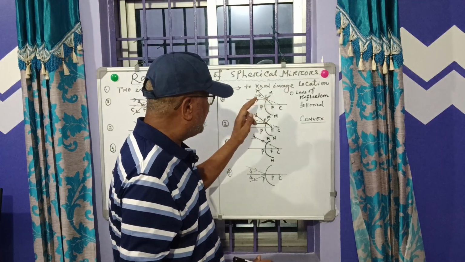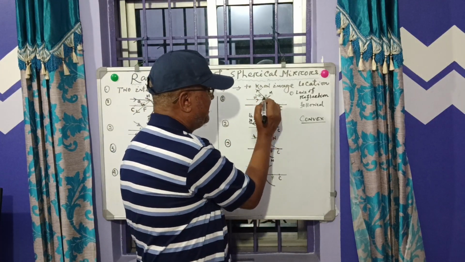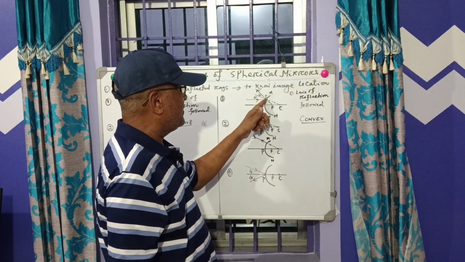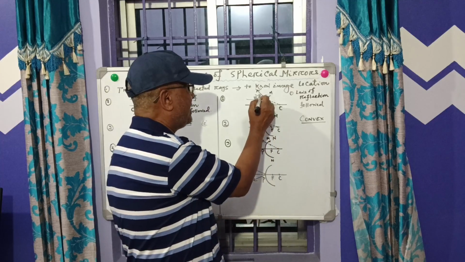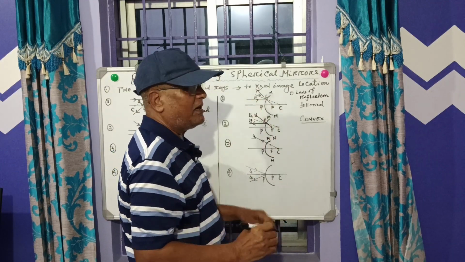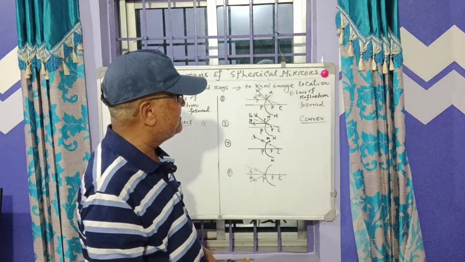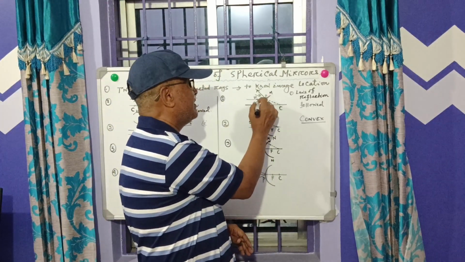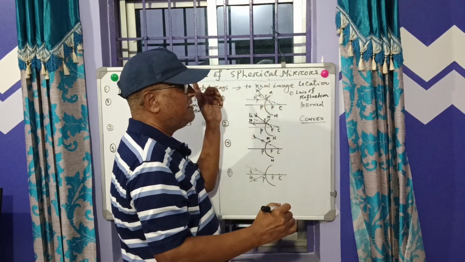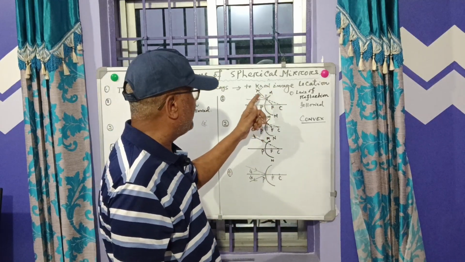And here also CE, if extended, is called the normal, and the angle formed by the incident ray and the normal is called angle of incidence, and the angle formed between the reflected ray and the normal is called angle of reflection.